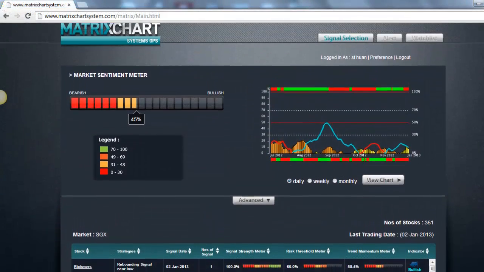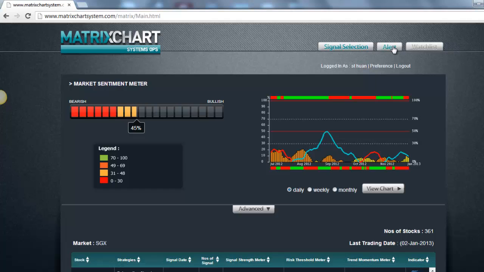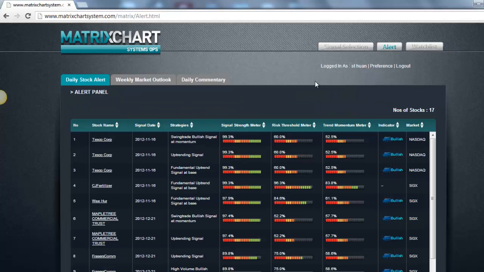So let's look at the next page, the alert page. On the alerts page, you will also see 3 different pages: the daily stock alert, the weekly market outlook, and the daily commentary. The daily stock alert is a panel of all the stocks that have been carefully analyzed by our stock trading expert.